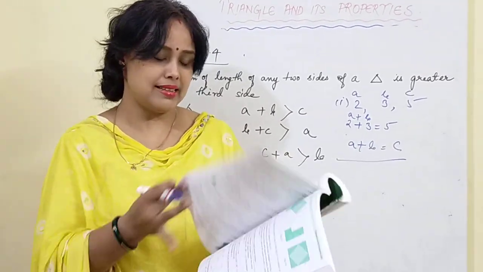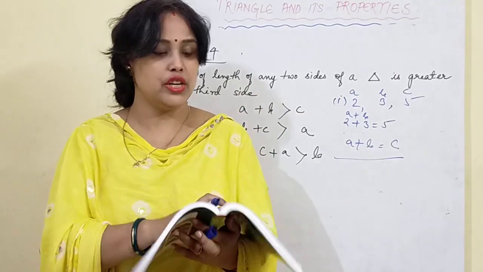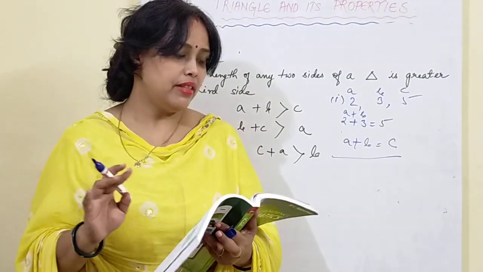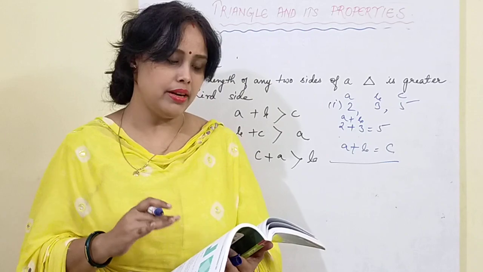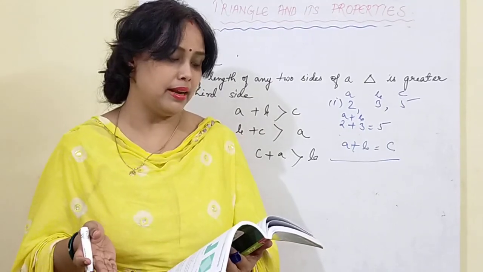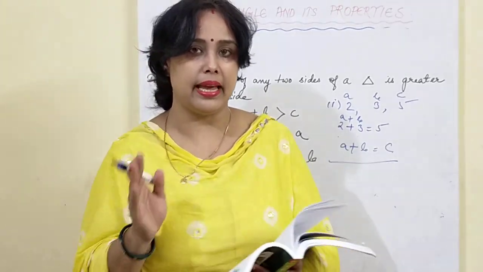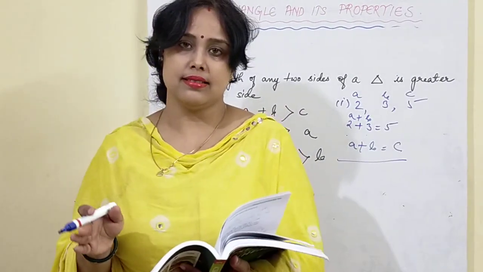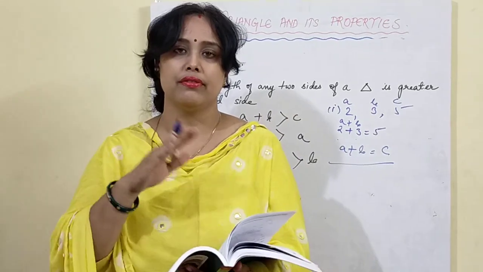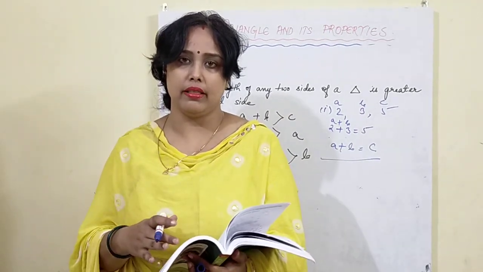Now come to exercise 11.4, question number 2. If the lengths of 2 sides of a triangle are 7 and 10 centimeter, then what can be the length of the third side? The criteria is such that the sum of the first 2 sides will be greater than the third side.